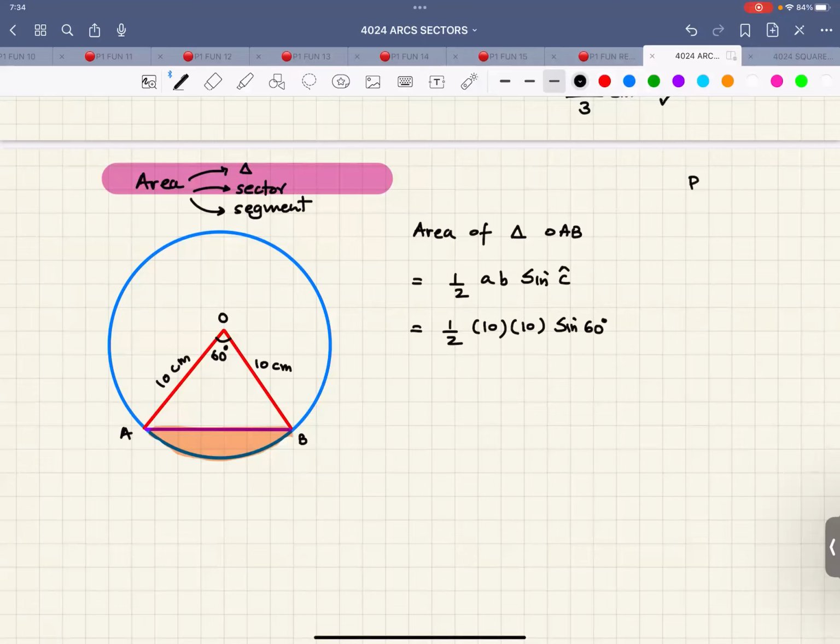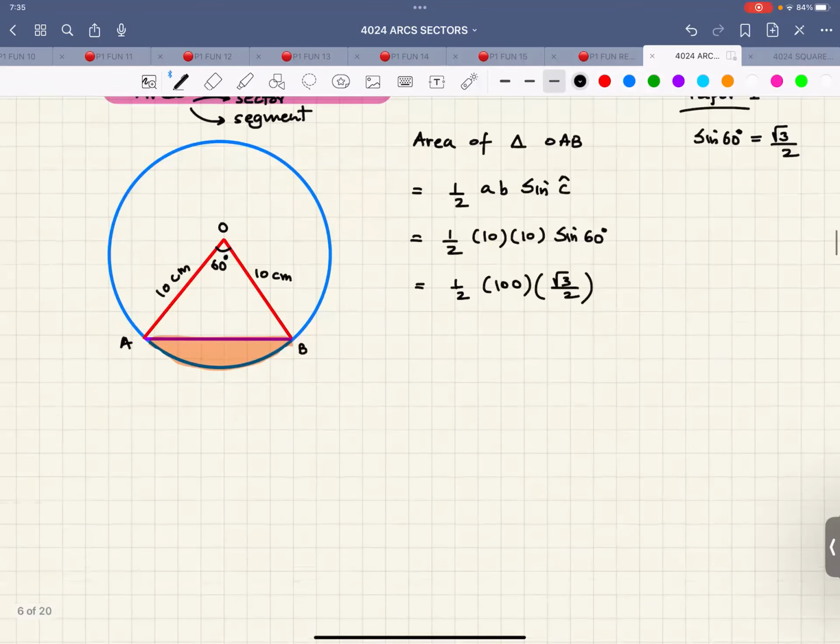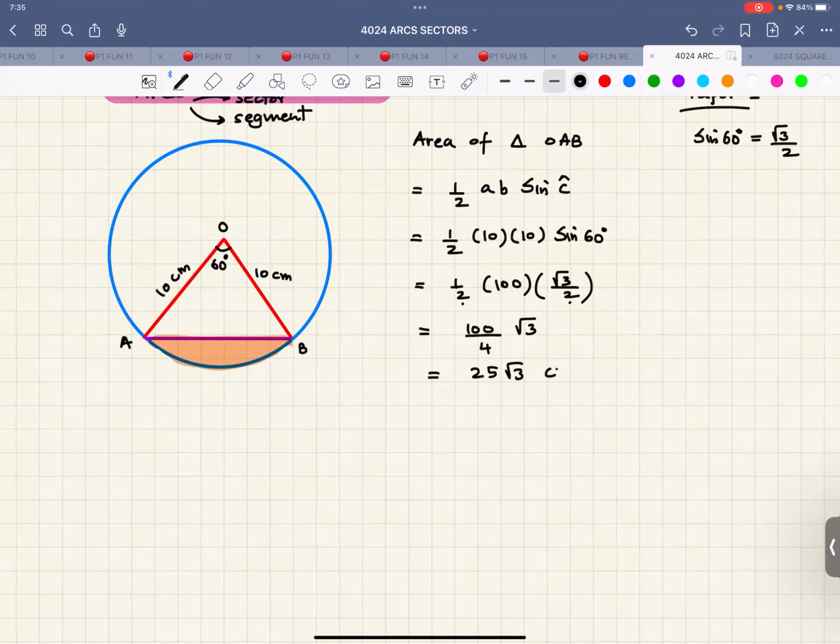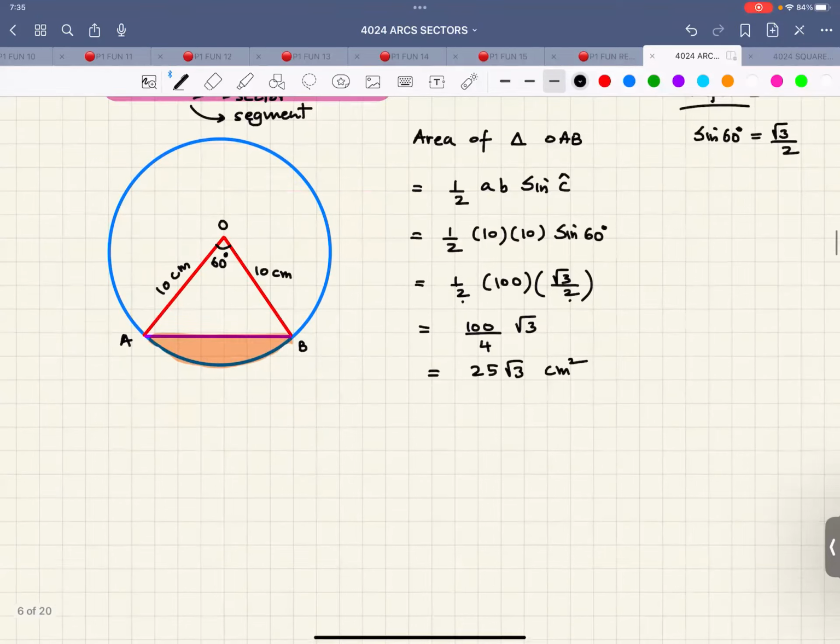Now, this is a paper one question. Without the calculator, they will give us sine of 60 is square root 3 over 2. So let's use this. This is half into 100 into root 3 over 2. That is 100 divided by 4. This 2 and this 2 becomes a 4, into root 3. That comes out to be 25 root 3 centimeters square. That's how this part is obtained.